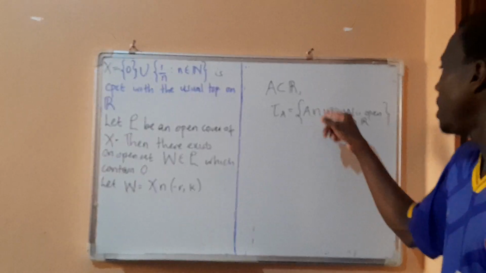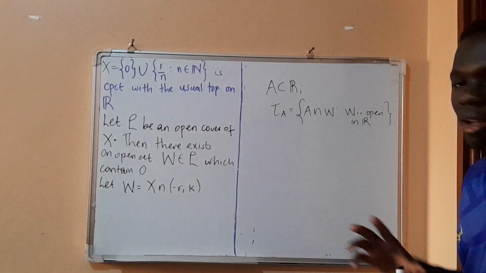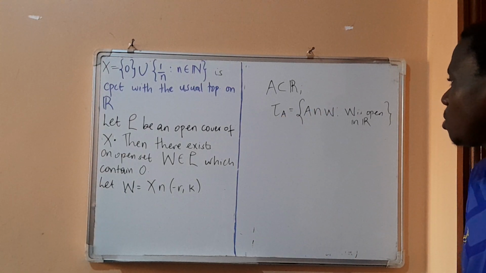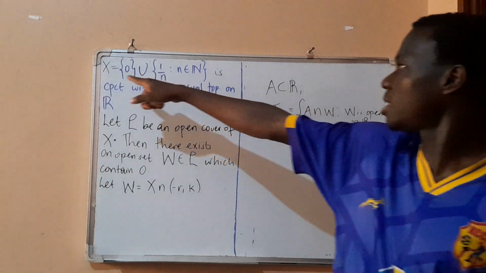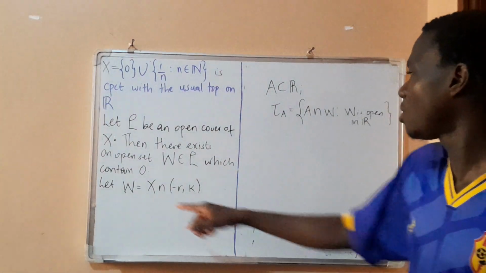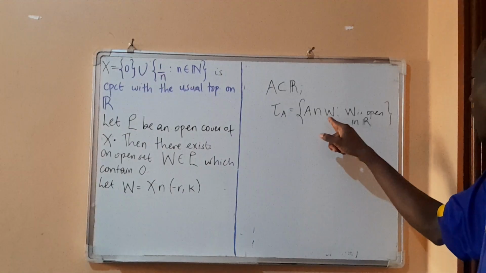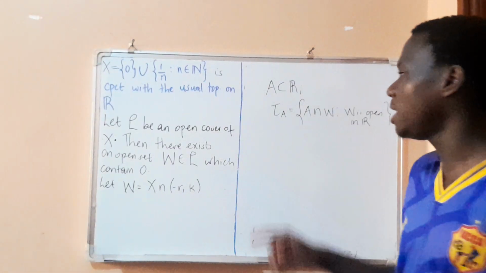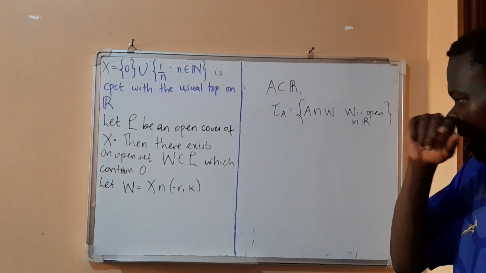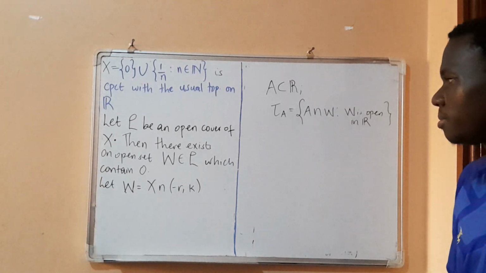So open sets considering the induced topology by A are just the intersection of a set A, which in this case is X, with an open set in R, an open interval. Open sets in R are just open intervals.